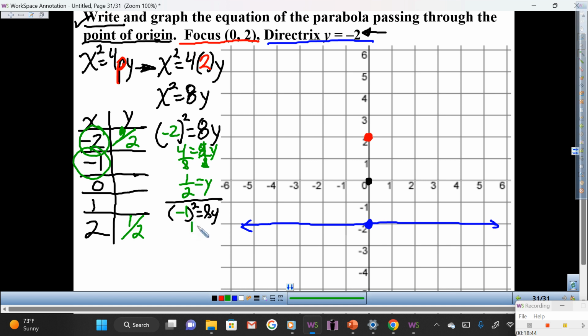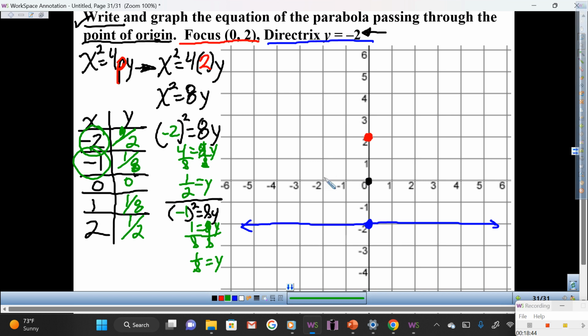What is negative 1 squared? 1 equals 8y, divided by 8. So 1/8 equals y. Goes right there and also goes for the positive 1. So far so good? And of course 0 is always 0.